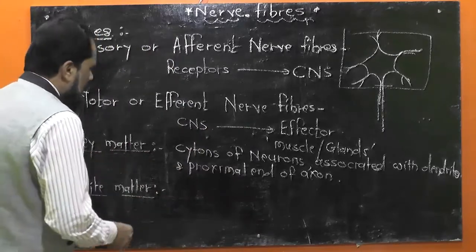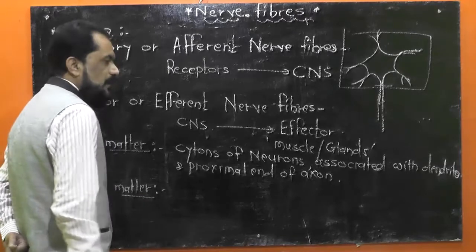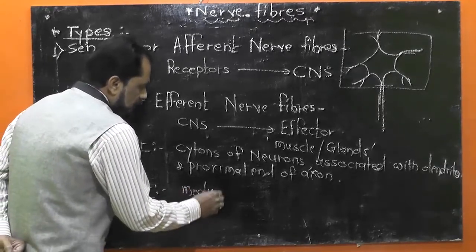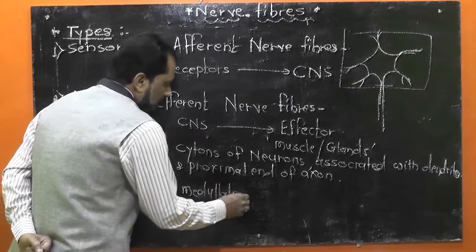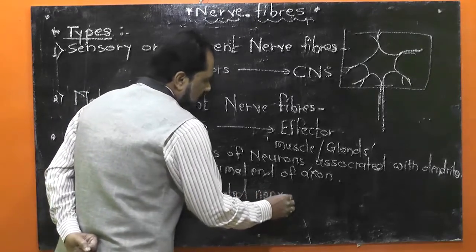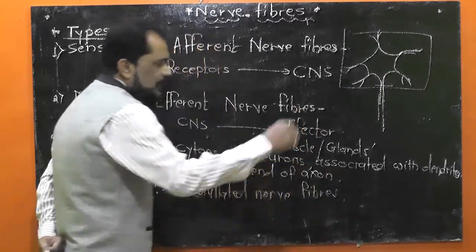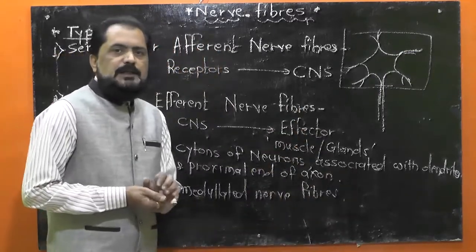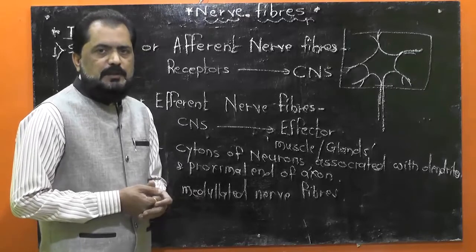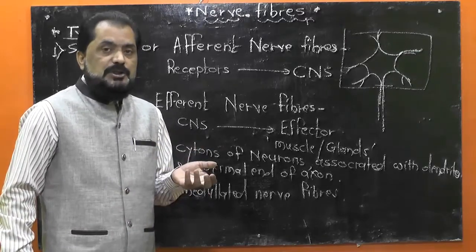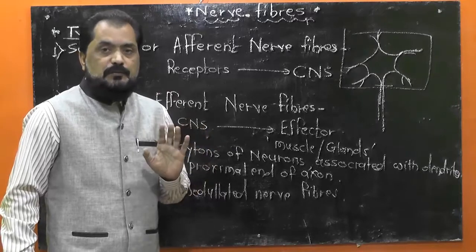In contrast, the white matter appears whitish in color and mainly consists of medullated or myelinated nerve fibers. Just now we have studied that a medullated nerve fiber contains a medullary sheath, and that medullary sheath gives whitish color to the nerve fiber.